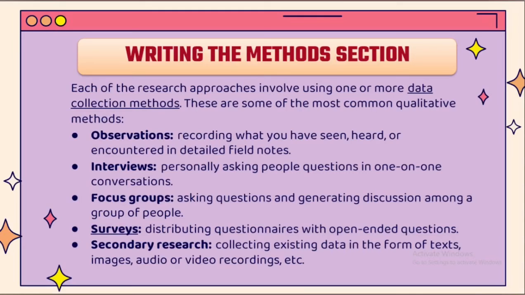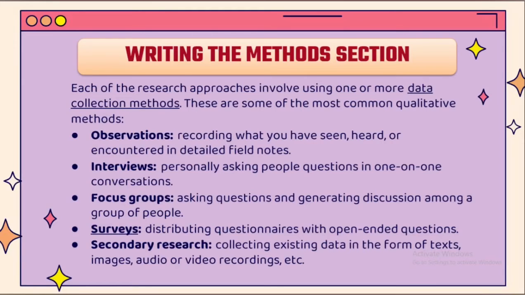Each of the research approaches involves using one or more data collection methods. These are some of the most common qualitative methods. The first is observations, which is recording what you have seen, heard, or encountered in detailed field notes. And then is interview, which is personally asking people questions in one-on-one conversation.